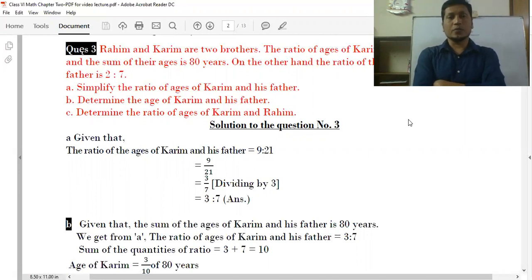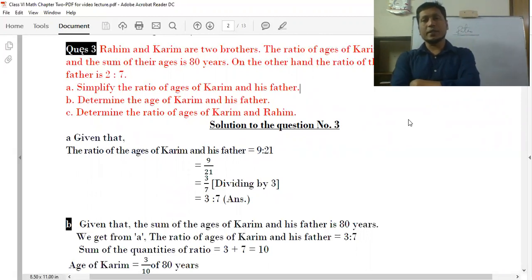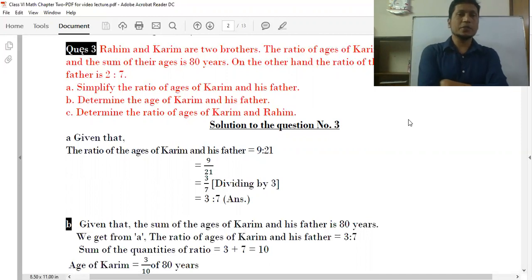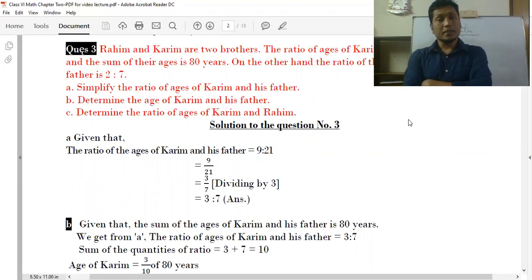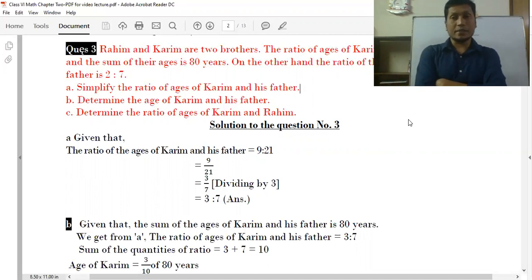That's why we can know the age of Karim and the age of his father from these. Another line says the ratio of the ages of Rahim and his father is 2:7. That is, if we compare Rahim with his father, the ratio becomes 2:7. But you have to know, Rahim and Karim are two brothers, so their father is the same.